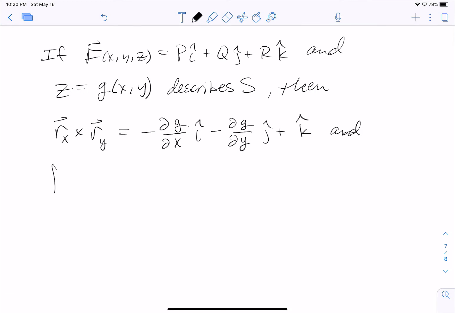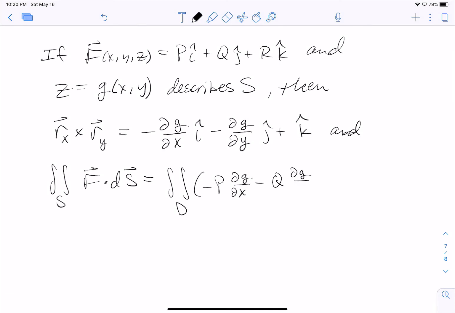Then the surface integral over S of F dot dS is going to be equal to the double integral over D of the dot product of F and the cross product of rx and ry. So negative P partial of g with respect to x minus Q times the partial of g with respect to y plus R, dA.